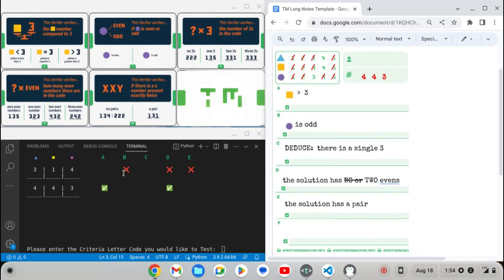We did learn something from that, and we made the observation that, hey, there's no mention of triangle, so somehow it's being forced into a particular value. And good deductions that we perhaps had 2 evens, and of course we deduced that there was a 3 without having to test criteria card C. So overall, a very good puzzle.